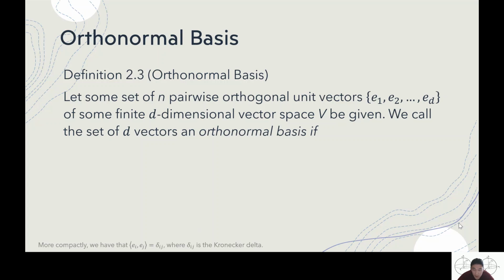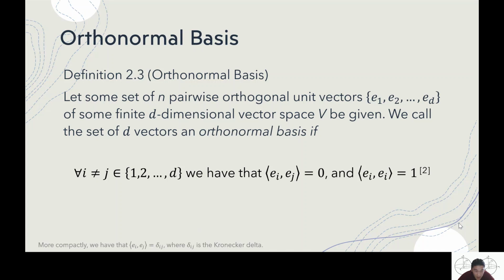Let some set of pairwise orthogonal unit vectors e1 to ed of some finite d-dimensional vector space be given. We'll call this set of d vectors an orthonormal basis if for all i not equal to j, so distinct i and j, we have that the inner product between ei and ej is 0, and the inner product between ei and itself is 1. Note that we have a set of elements, we have a pairwise relation, namely orthogonality, where each vector is a unit.